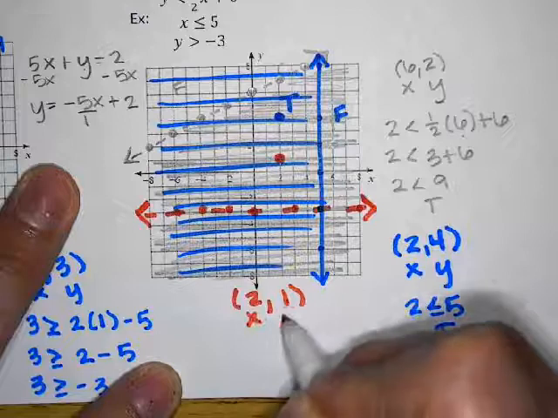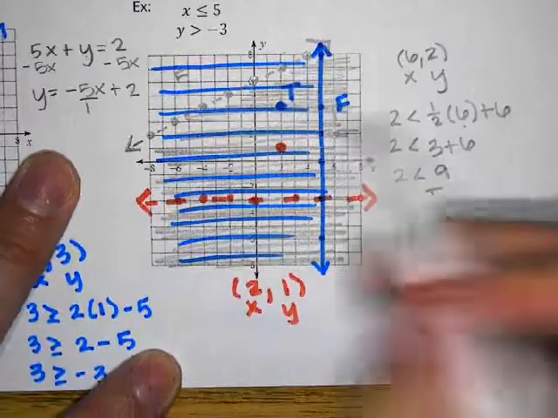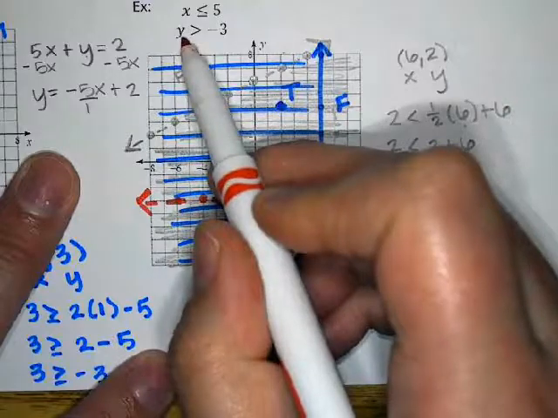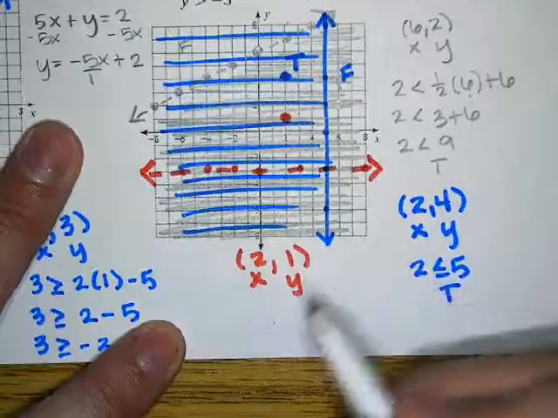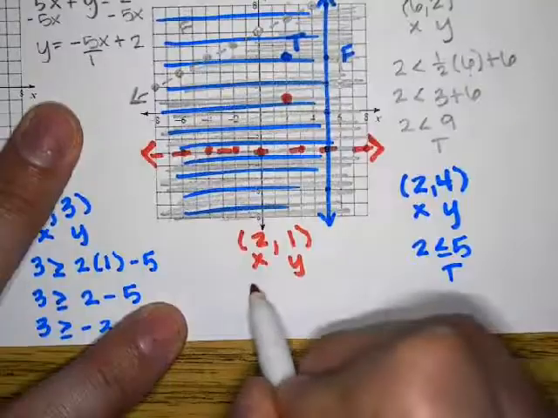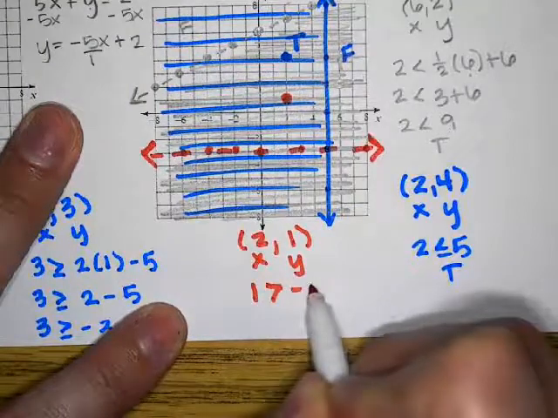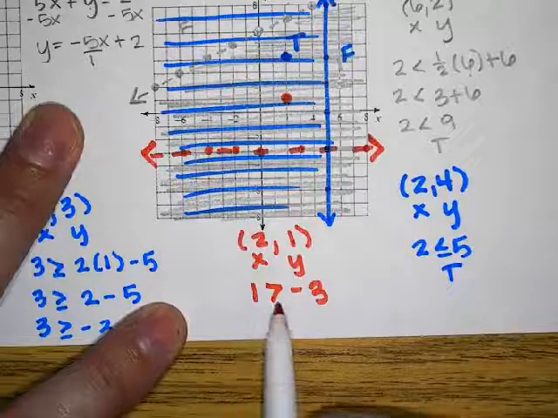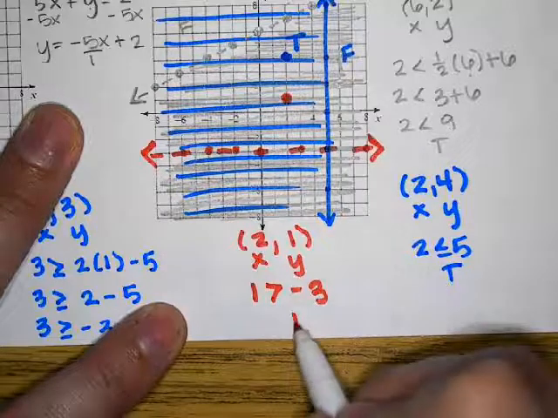For this inequality, I only have a y coordinate to plug in. I can't plug in the x coordinate because there's no x there. So I've got y is greater than -3. Is it true that 1 is bigger than a negative 3? Yes, that is true. So this point is true.